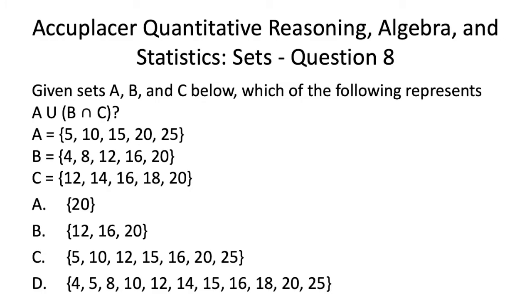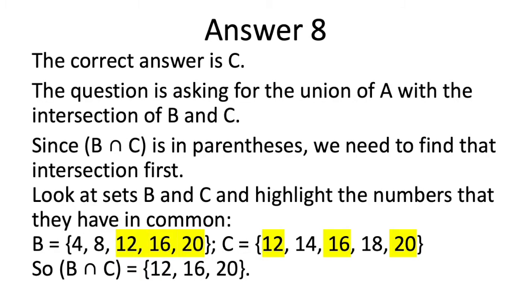Moving on now to the next generation Accuplacer Quantitative Reasoning Algebra and Statistics Practice Test question 8. You will notice that this question and the two following questions are on the concept of sets. Now pause to read the information and to answer the question. Let's go on to the answer to question 8.